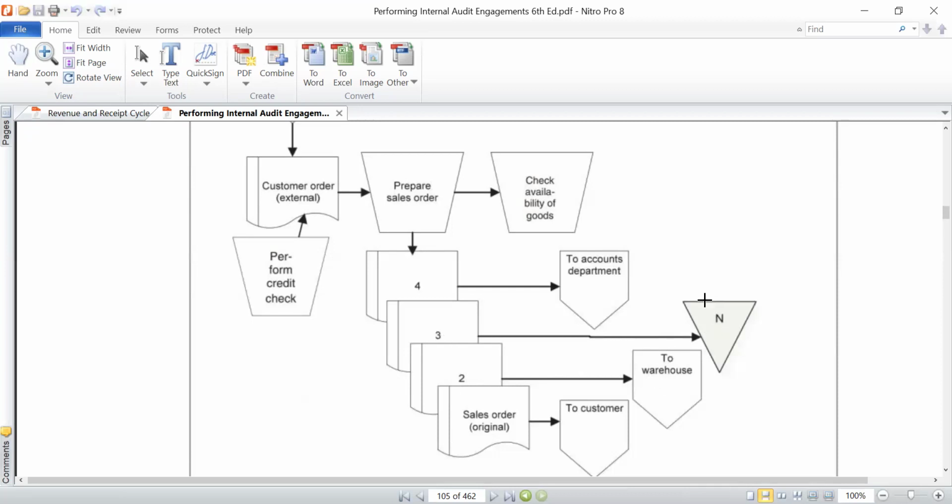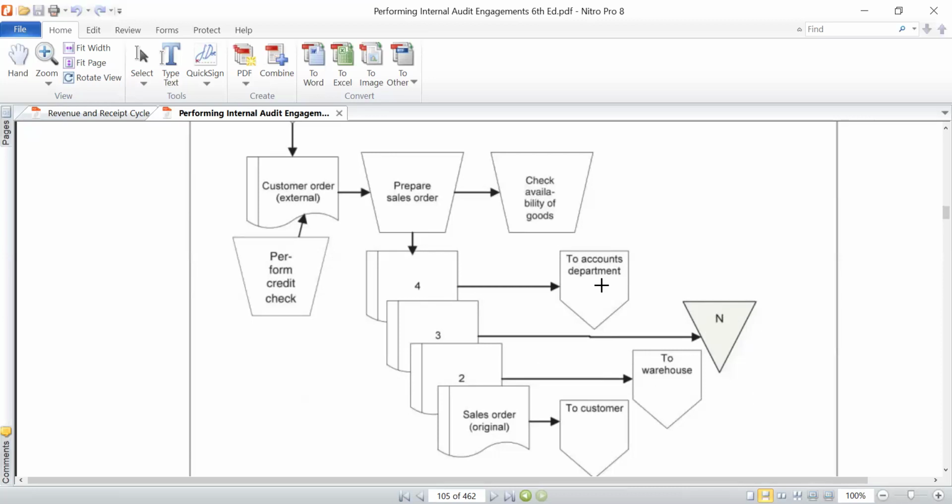Then there's a third copy, which is titled N here with a triangle. That one is maintained in the sales department for record keeping purposes. So that's what that N denotes. Then there's a fourth copy sent to the accounts department. Remember, at some point the customer has to pay.